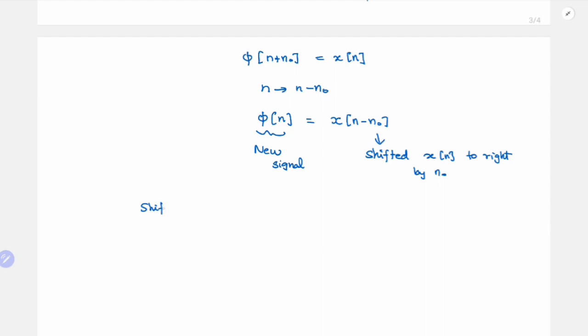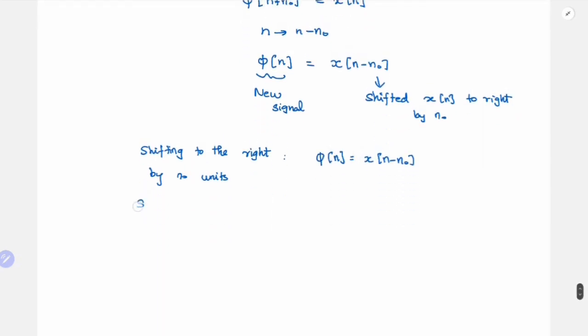So shifting to the right by n naught units, my new signal phi of n will be x of n minus n naught. And shifting to the left by n naught units, my phi of n will be x of n plus n naught.